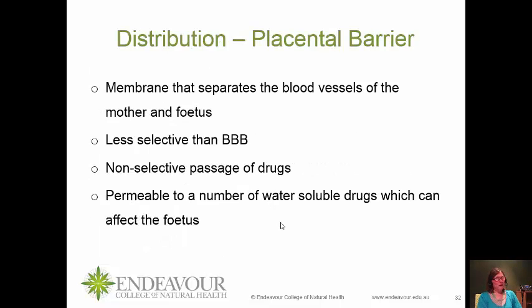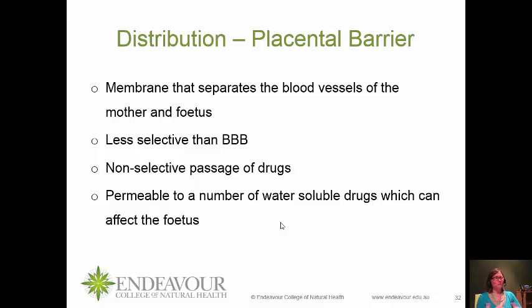So the placental barrier, another important barrier that will be put up to the passage of drugs, and as we'll see, it's largely a fairly non-selective barrier and allows the passage of most drugs. So it's way less selective than the blood-brain barrier.